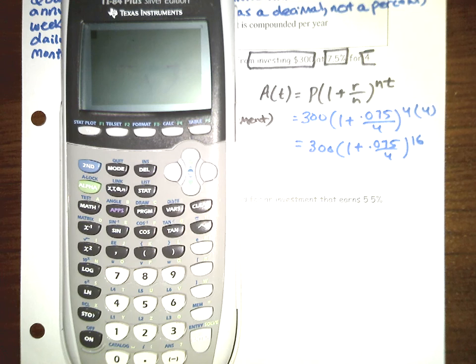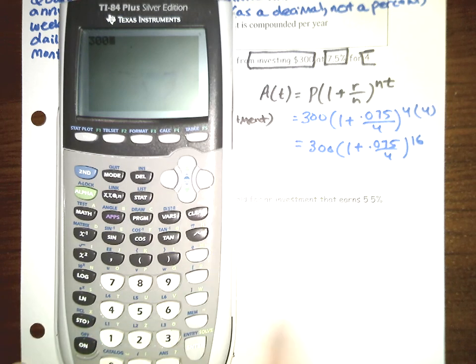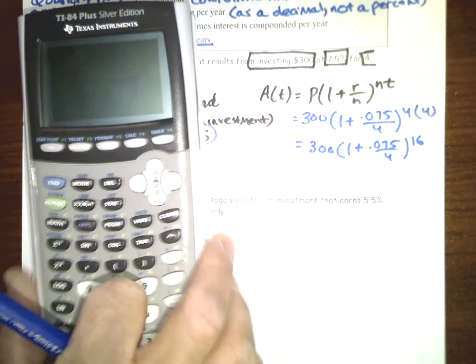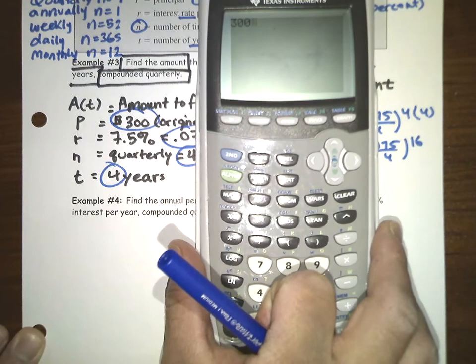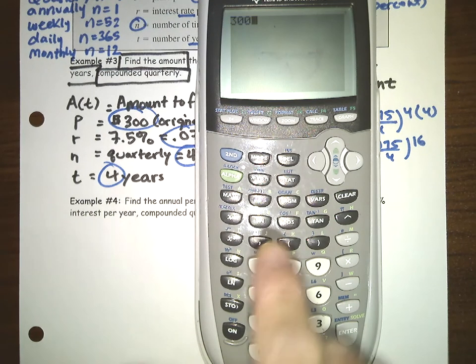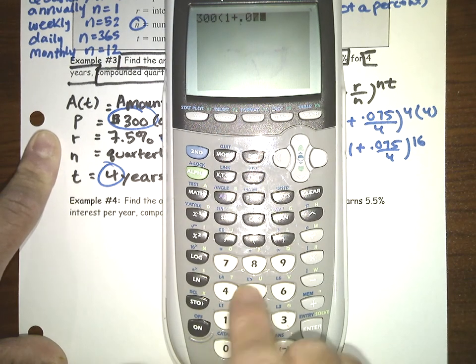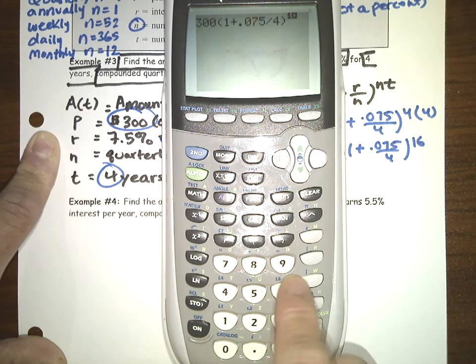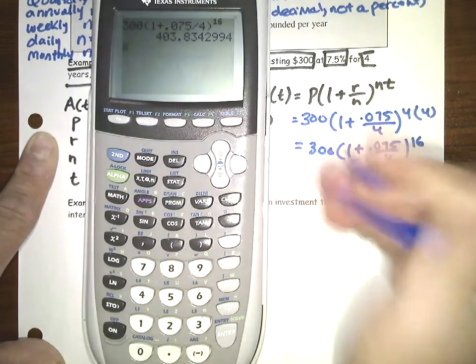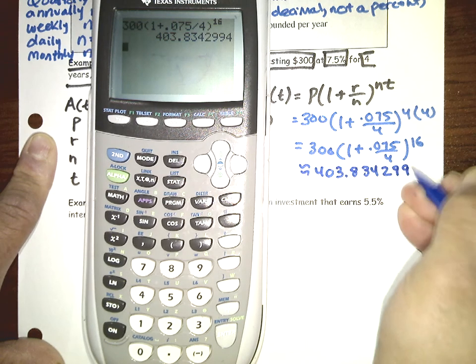But anyway, all right. So now I'll go ahead and multiply this together using the calculator. Hopefully you can see this. I don't know if it's out of focus or something, but anyway, 300 times 1 plus 0.075 divided by 4, to the 16th power, and that will be 403.8342994.